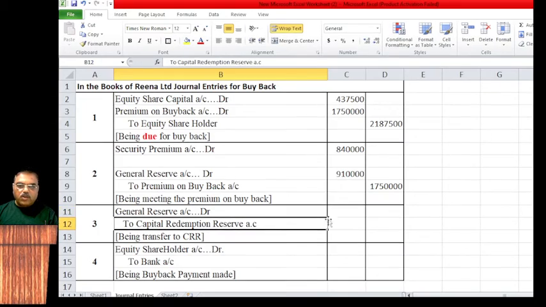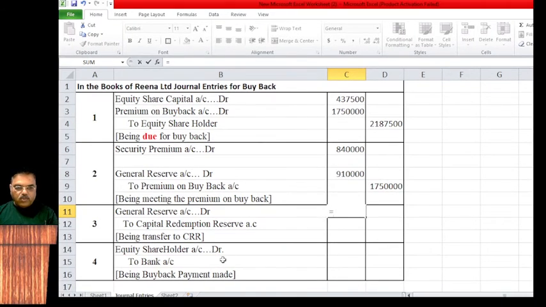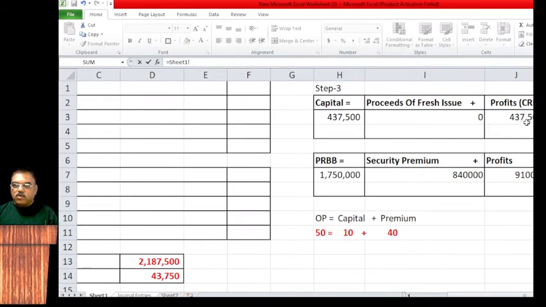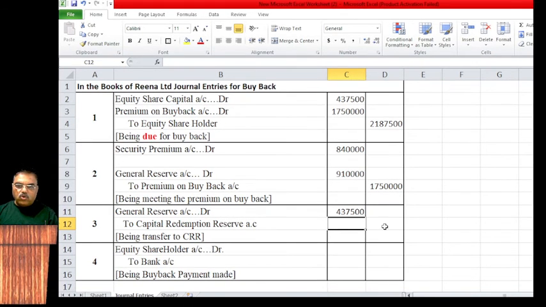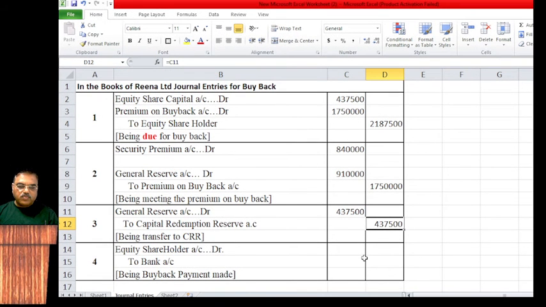General reserve account debit. How much amount do we utilize from general reserve? 4,37,500 to the same amount, capital redemption reserve, CRR amount that we are going to transfer.